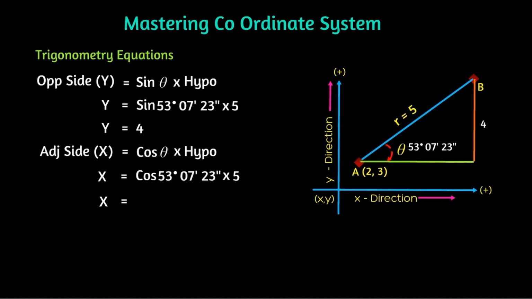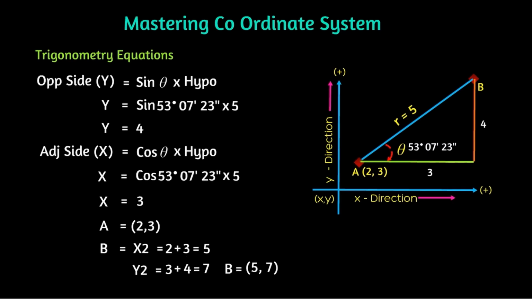The value of x equals 3.000. The coordinates of point A equal 2, 3. The coordinates of point B: x2 equals 2 plus 3, that is 5, and y2 equals 3 plus 4, that is 7. Finally, the coordinates of point B equal 5, 7.